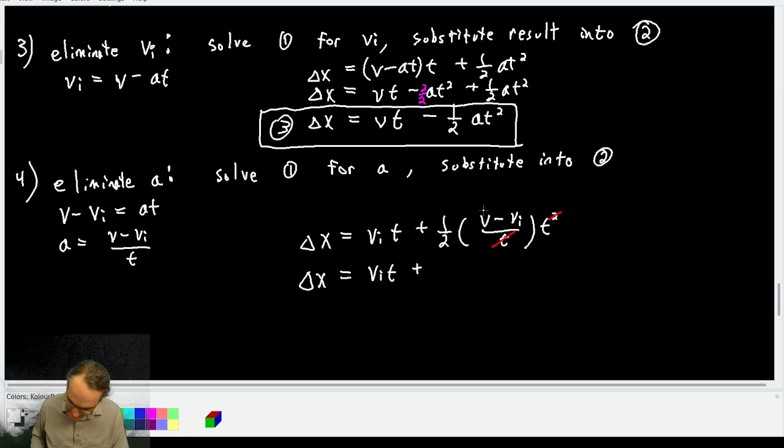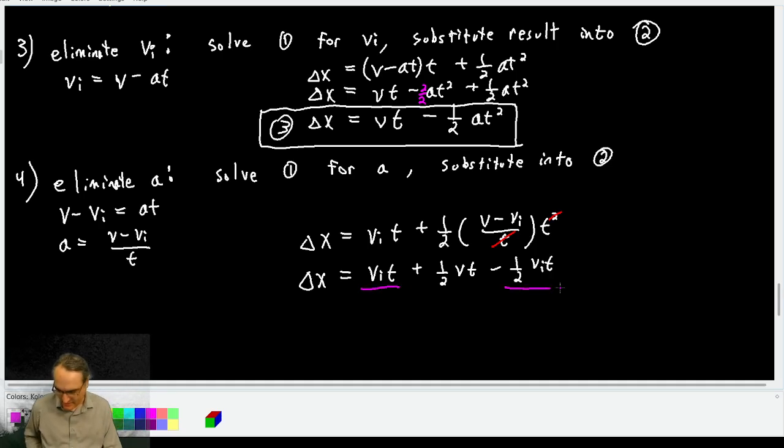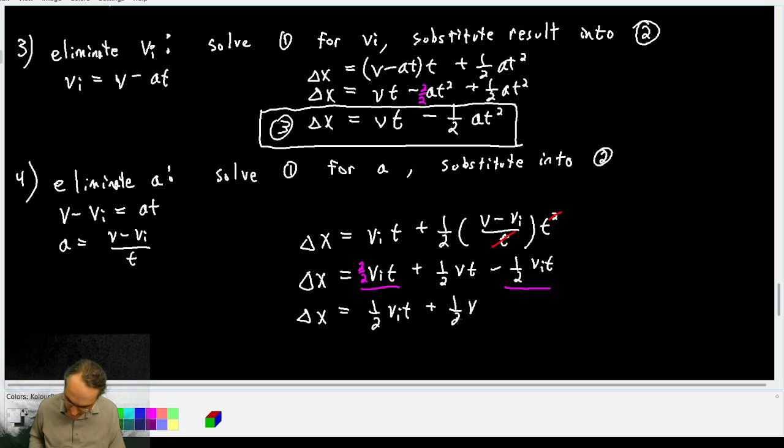So vi t plus 1/2 v final times t, and then minus 1/2 vi times t. Okay, we've got these two pieces. They're the same except for the 1/2, so we'll do the same thing with 2/2. Delta x will be 1/2 vi t plus 1/2 v final times t, which we can simplify.